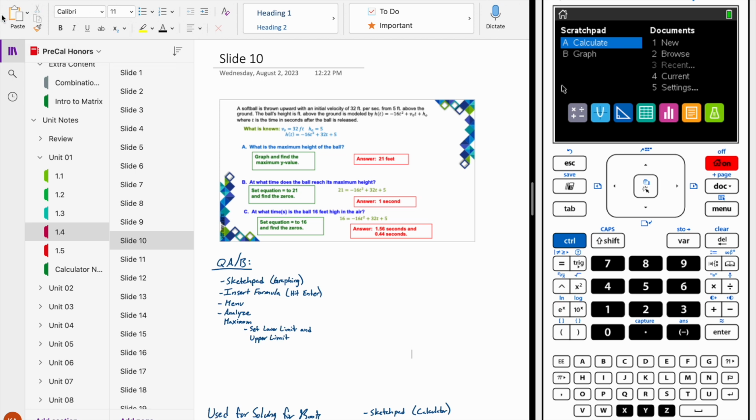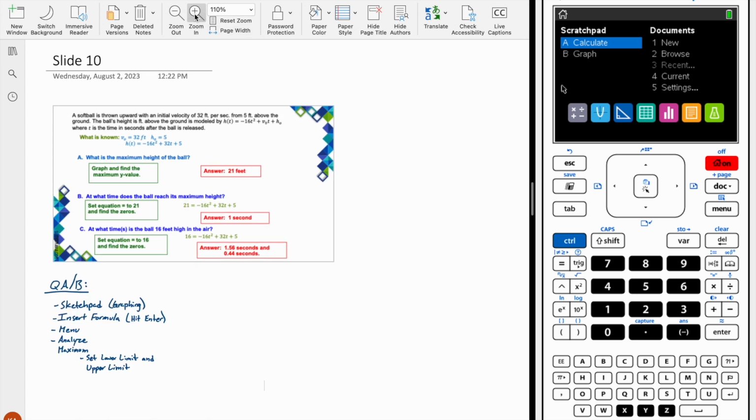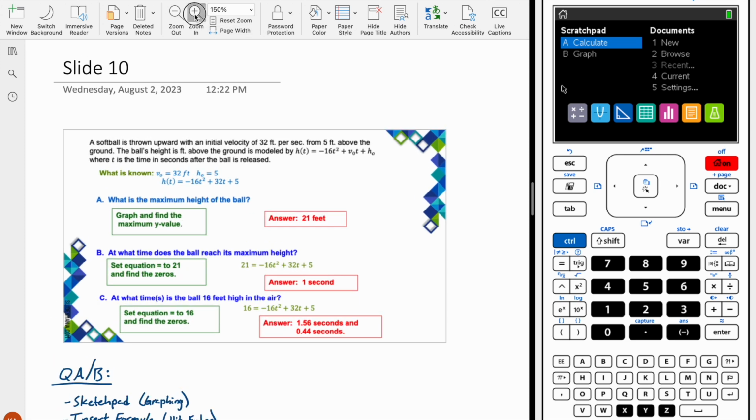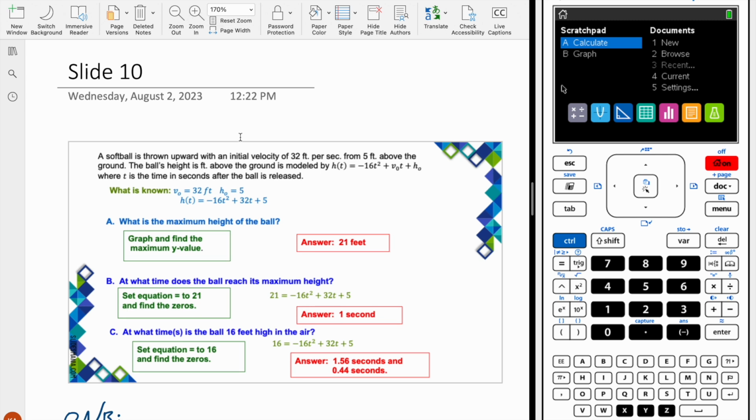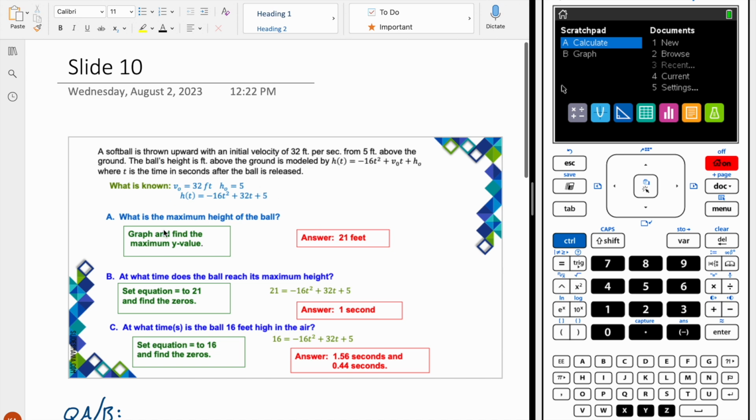Let's take a look at our first question. Now, in our first problem, it says a softball is thrown upward with an initial velocity of 32 feet per second from 5 feet above the ground.